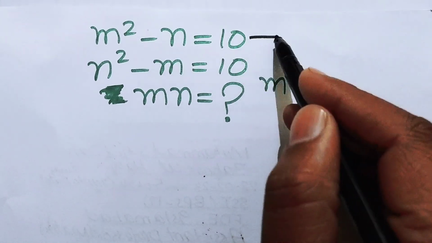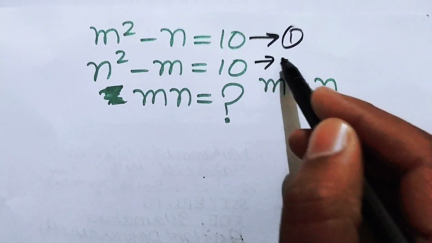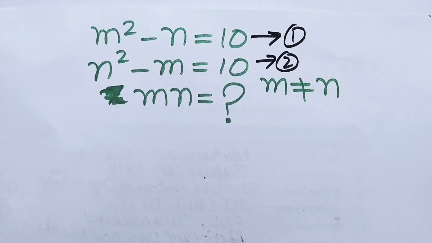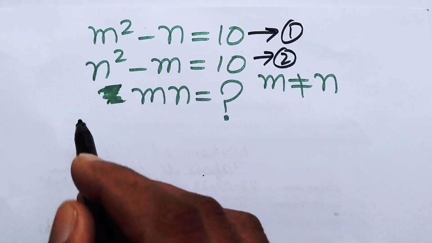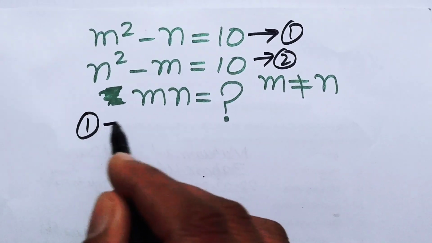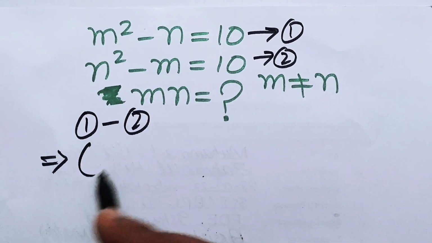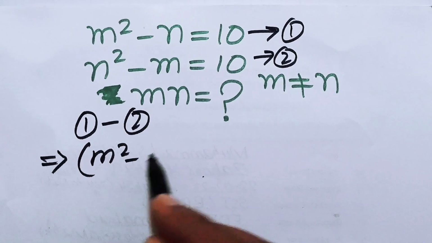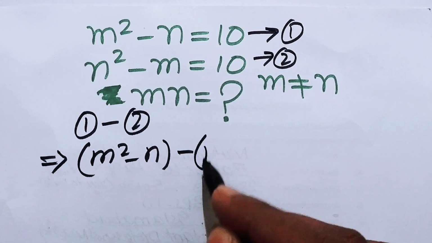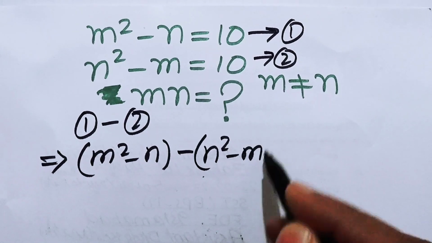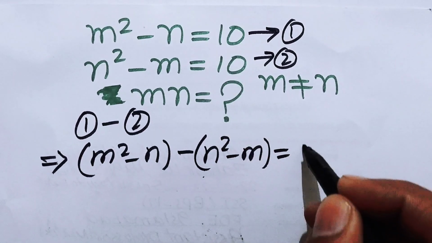So first we call this equation number 1 and this equation number 2, and now we solve these two equations. First we subtract equation number 2 from equation number 1, and we write m square minus n minus n square minus m equals to 10 minus 10, which is 0.